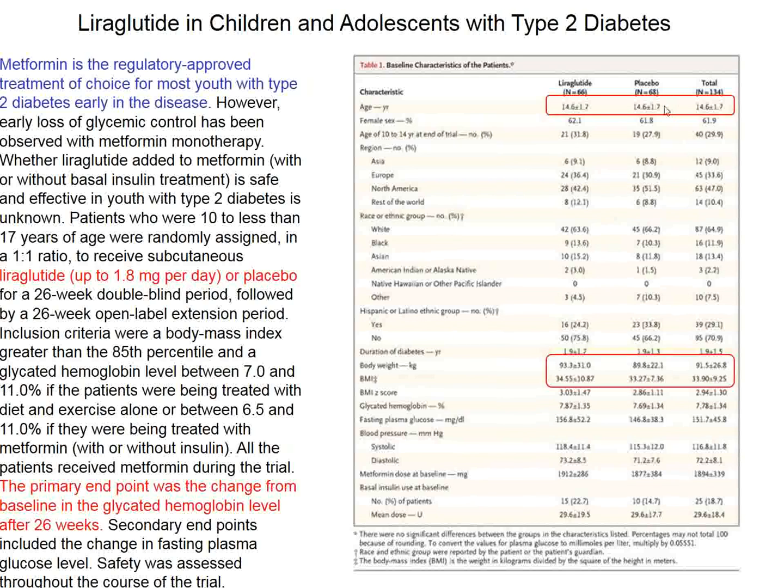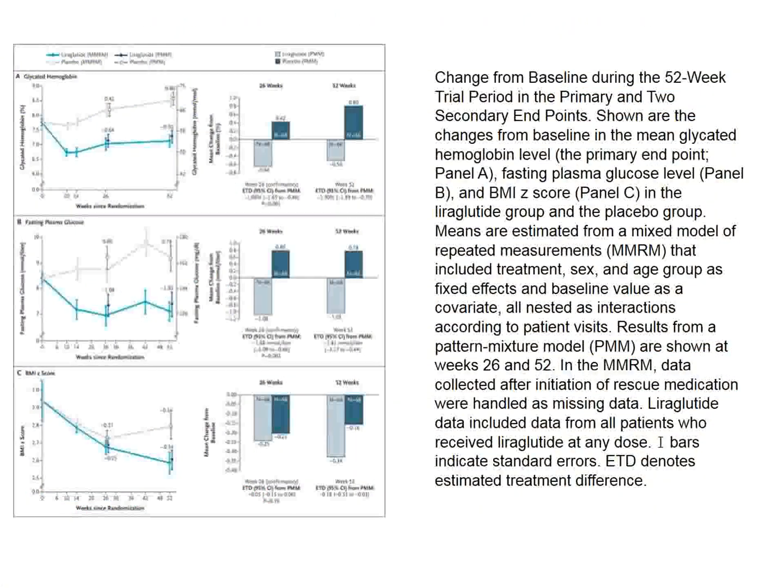So there's 66 in the liraglutide group and 68 in the placebo group. They're 14 years old, and they have a body weight of greater than 90 kilograms and a BMI in excess of 33. And the endpoint here is, can we suppress their glycated hemoglobin A1 levels?